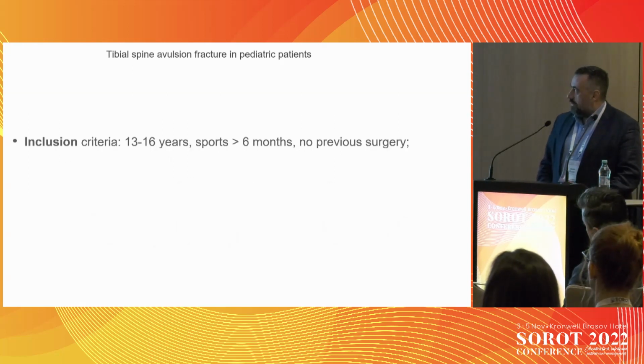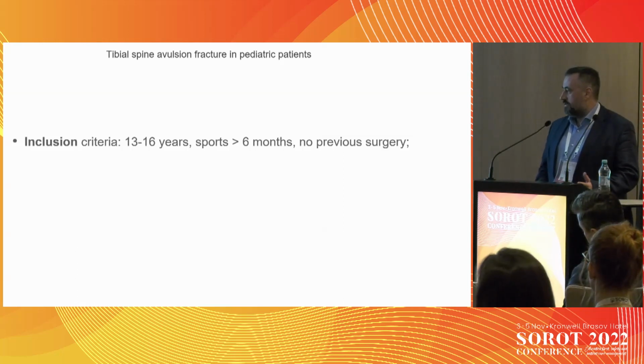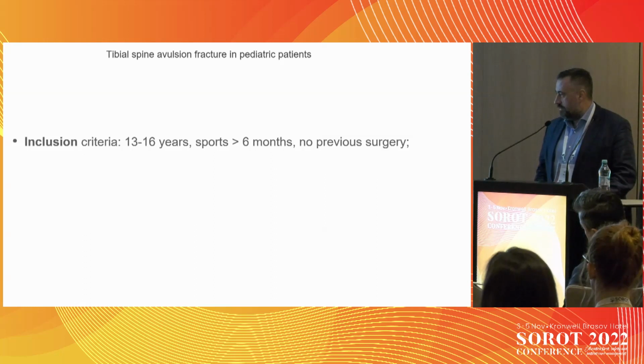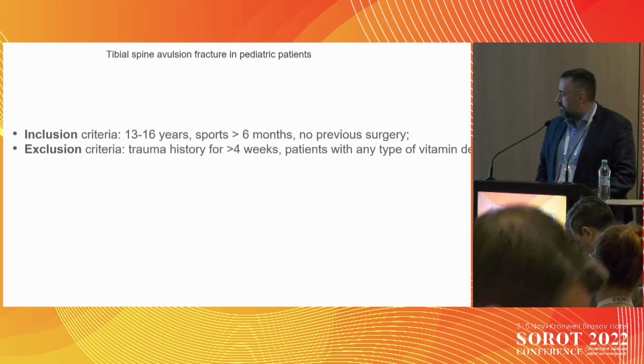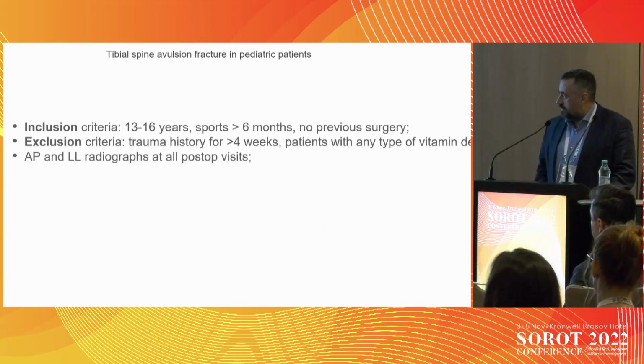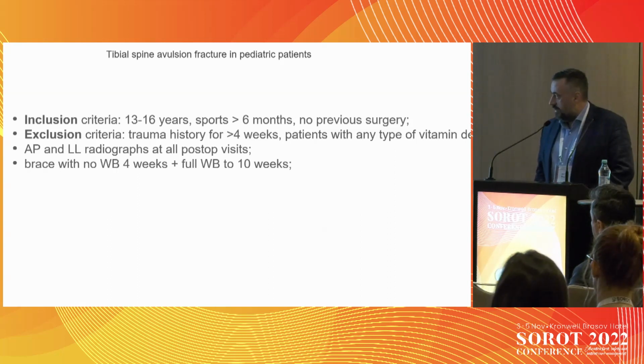The inclusion criteria in this study were age, not being a weekend warrior but practicing sports, and no previous surgery. The exclusion criteria were trauma history of more than 4 weeks and patients with any type of vitamin deficits. We did AP and lateral radiographs at all postoperative visits.